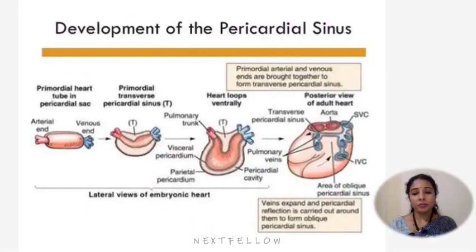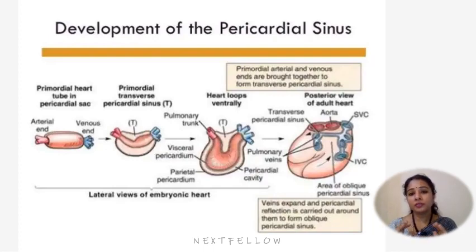Okay, let's talk about the development of the pericardial sinus also. The pericardium has three components, we know: the serous pericardium, which contains the visceral and parietal layers. The visceral pericardium is from the splanchnopleuric mesoderm and forms the epicardium, and the parietal pericardium is derived from somatopleuric mesoderm. Fibrous pericardium is derived from the pleuropericardial membrane, which initially forms a membrane separating the pleural cavity from the pericardial cavity.